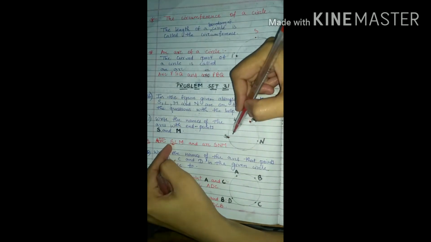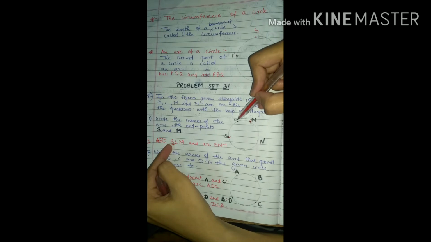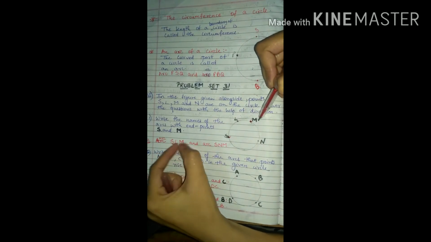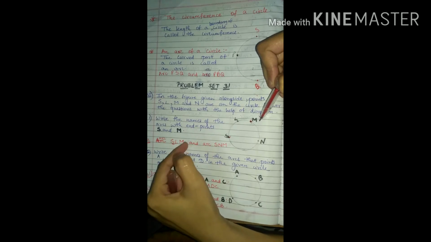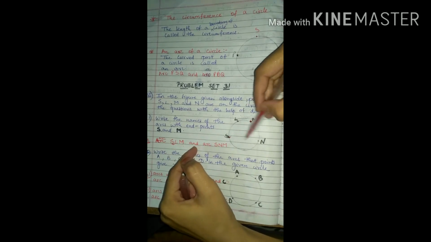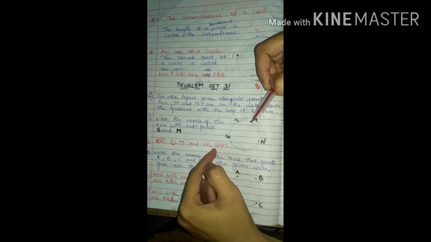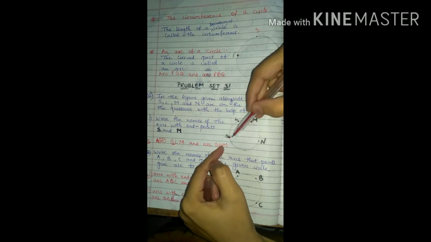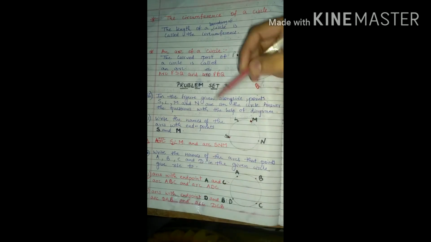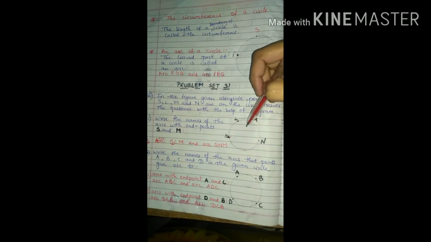How many arcs? Two arcs are formed. S, L, M, with S and M as the end points, at the front and at the last. And arc S, N, M. See, again S and M are the end points. So in this manner you have to do the sums.